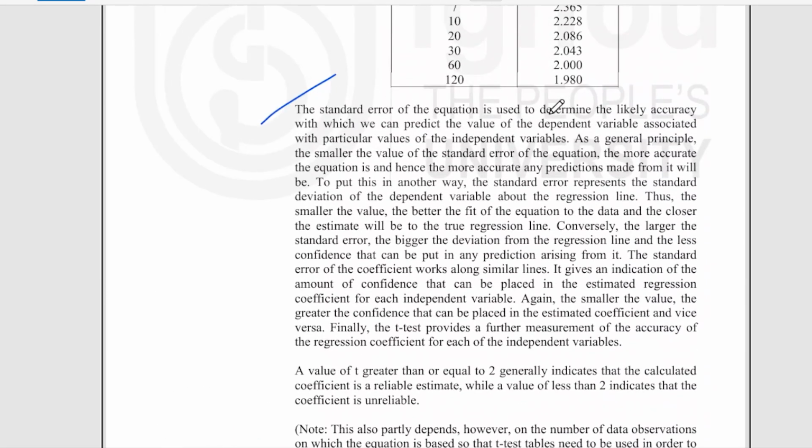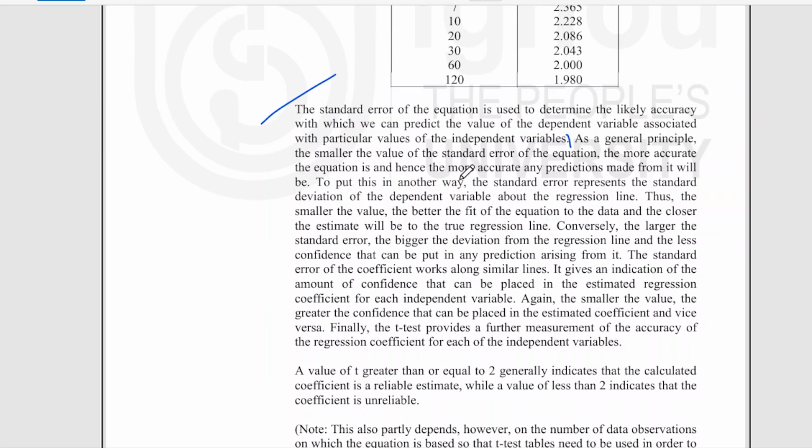The standard error of the equation is used to determine the likely accuracy with which we can predict the value of the dependent variable associated with a particular value of the independent variable. As a general principle, the smaller the value of the standard error of the equation, the more accurate the equation is, and hence the more accurate any prediction made from it will be.